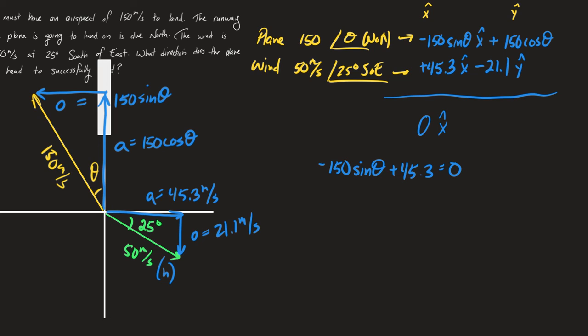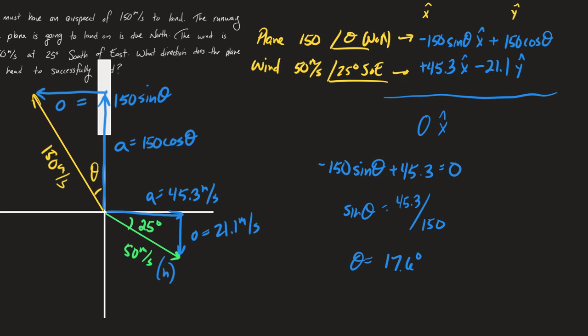Once I know that, I can figure out what my angle is. It looks like my angle is going to be 45.3 divided by my 150. I have 17.6 degrees. So if I fly 17.6 degrees west of north, my plane should travel directly along the runway.